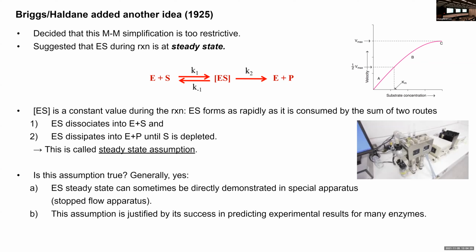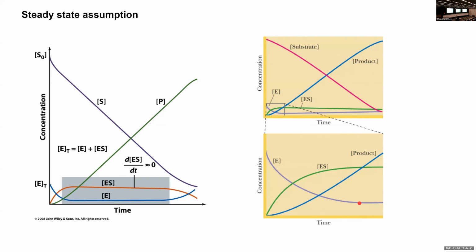So basically, you can measure the speed of the reaction, or the rate constant of the reaction, experimentally here. And this assumption was proven true by comparing the predicted data with the experimental results or measurements. So this is the last slide.